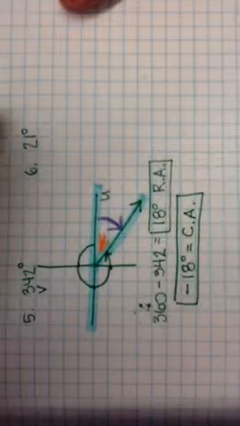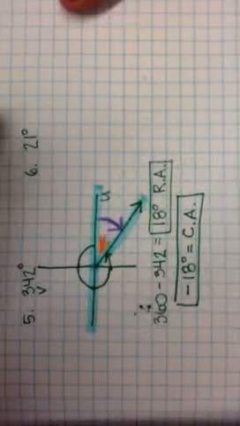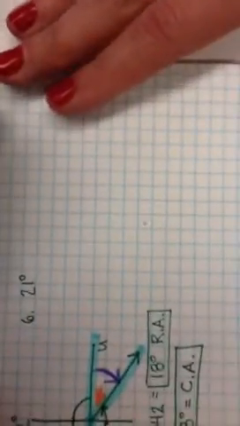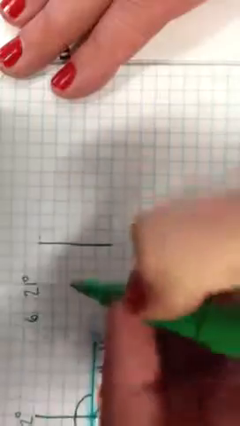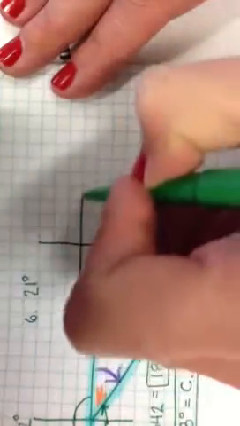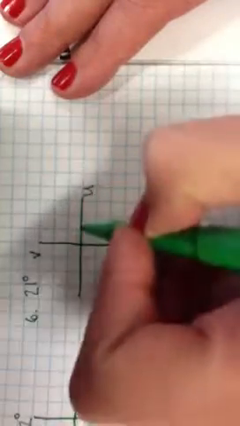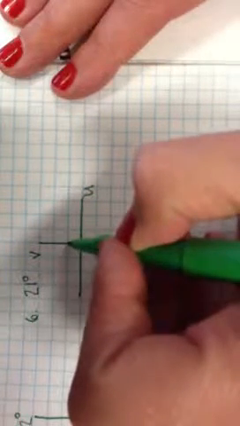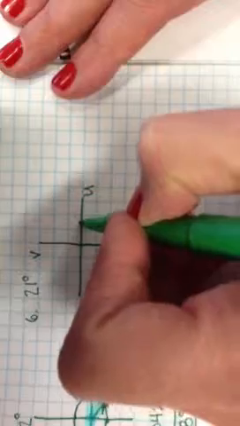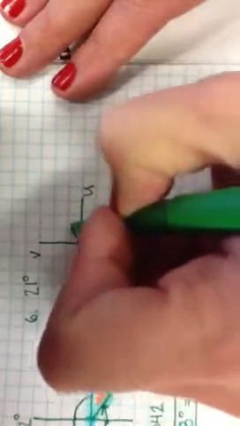All right, last, number 6. So for number 6, an angle in standard position. So if I go all the way to this axis, I've gone 90. So I'm just going to go a little bit and make my ray.